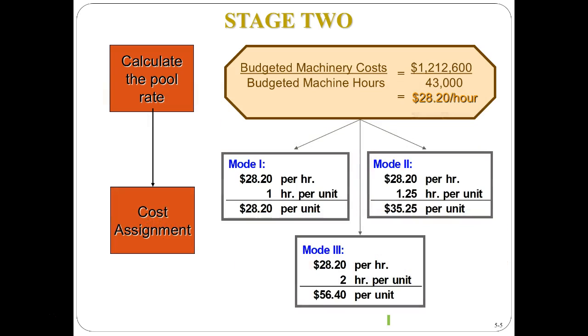And if we take a look at how we allocate that out between our three models, remember what we're trying to do is come up to a price, basically a cost per model, and then a price per model based on that cost, based on marking it up by the 1.25, I believe was the percent that we were marking it up by.